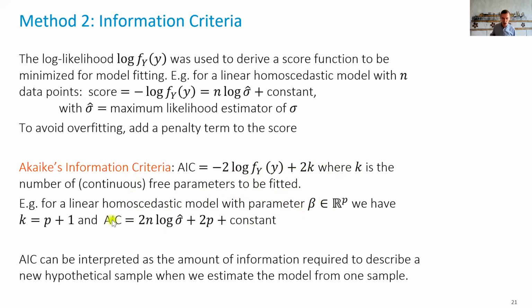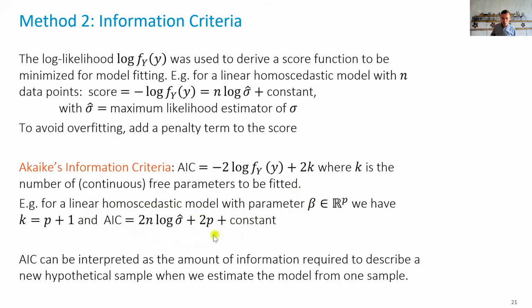So for a linear regression model, the AIC is given by this formula. It depends on the estimated variance, which is the mean square error of the model, times n log of this, plus 2p, where p is the number of parameters of the vector beta, plus a constant, which will be the noise, etc. Since we minimize the criterion here, we don't care about the constant.